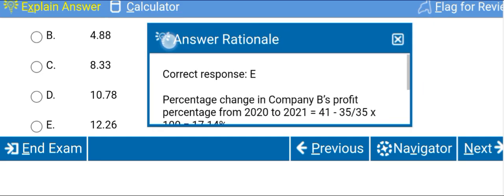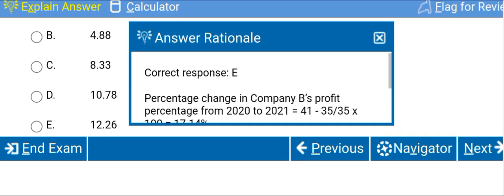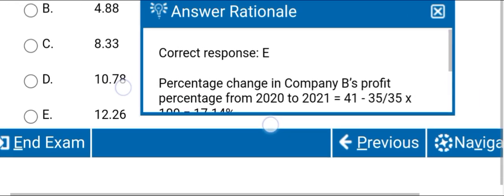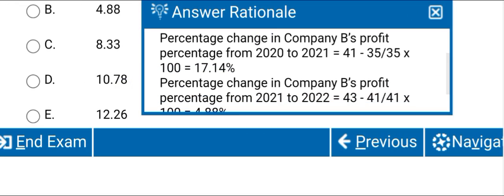So the correct response is option E. The percentage change in company B's profit percentage from 2020 to 2021 equals 41 minus 35 by 35 multiplied by 100 equals 17.14%.